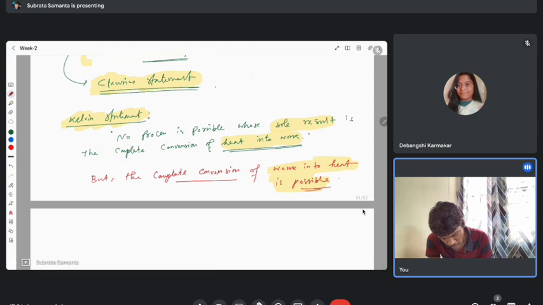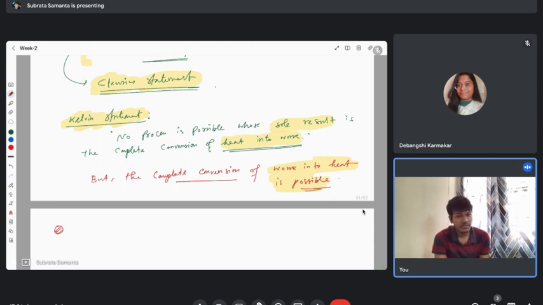Okay, so now we say that the Kelvin statement of the second law of thermodynamics tells us that we cannot completely convert heat into work, right?